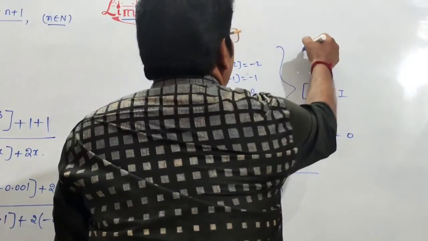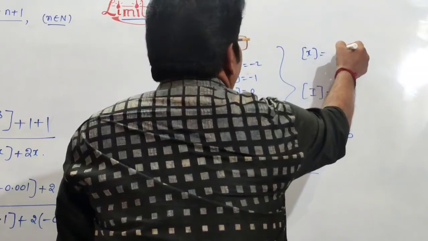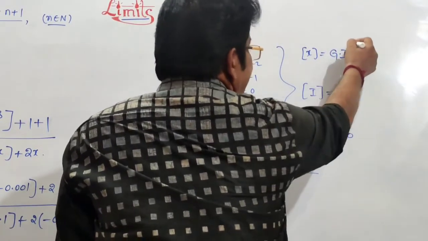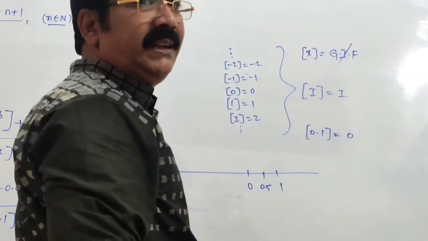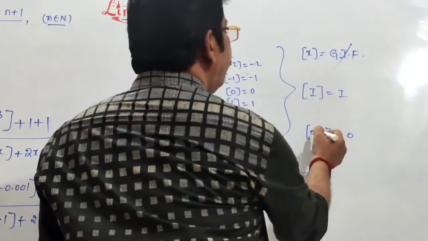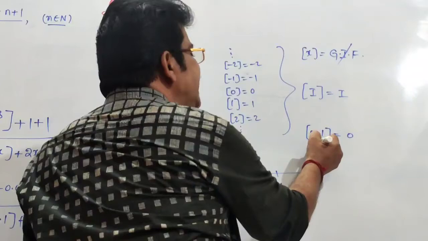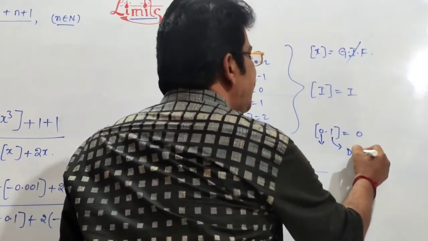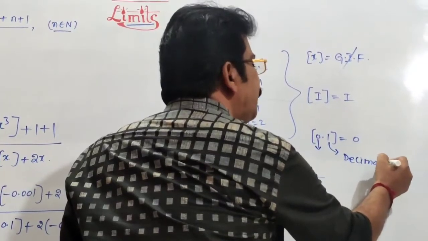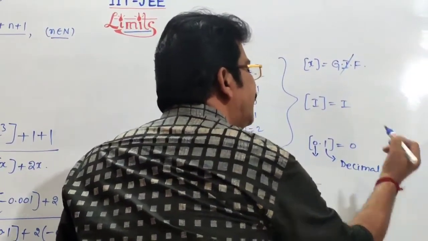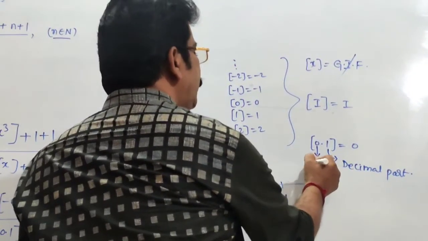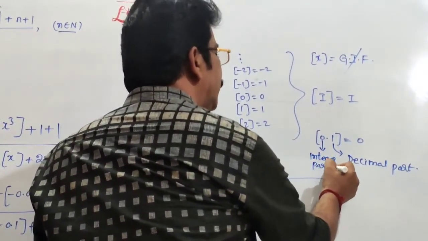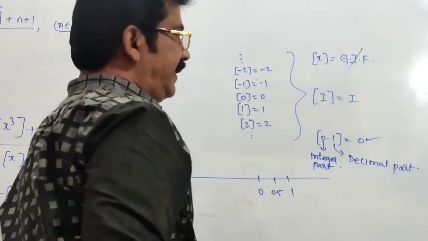Box of x means the greatest integer function, meaning it will take only the integer. So this is called the integer part, this one is called the decimal part. So the answer will be an integer.